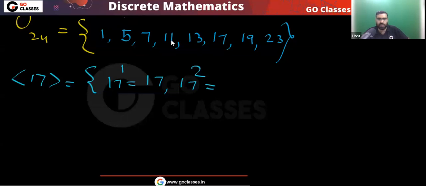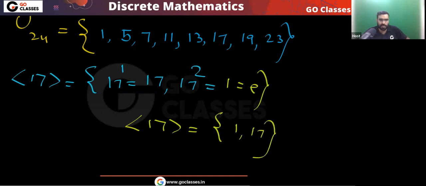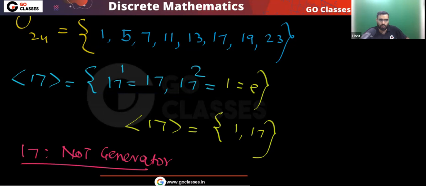So that also will be 1, that is also the identity element. So 17 can generate 1 comma 17. So 17 is also not a generator because it cannot generate all the elements.